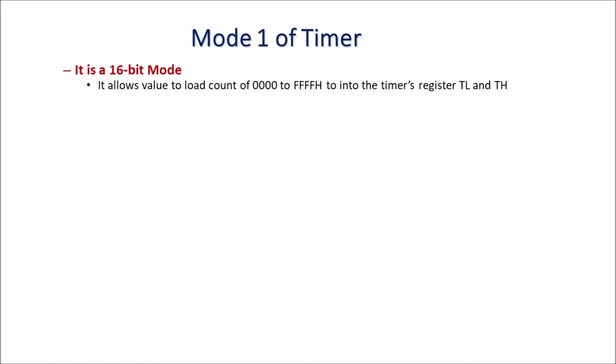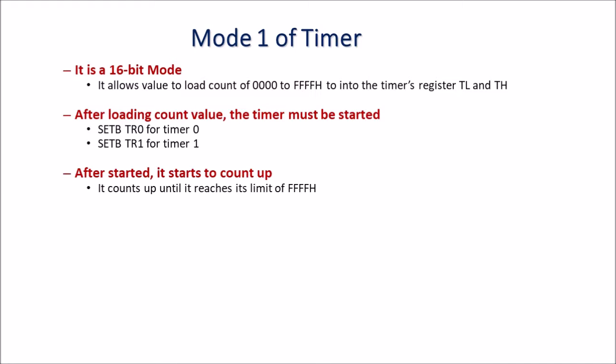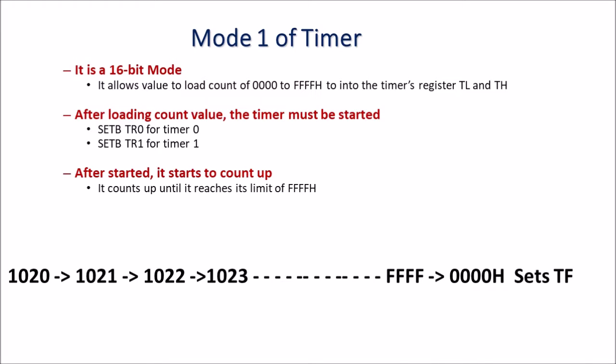After loading this count in count register, user has to start a timer. When timer starts, the count stored in count register will be incremented by 1 after each clock cycle. For example, suppose 1020 count is stored in count register, then after each clock cycle, this count will be incremented by 1.